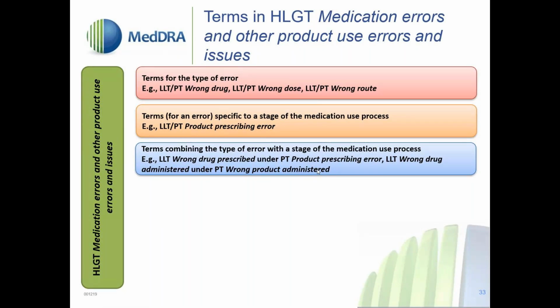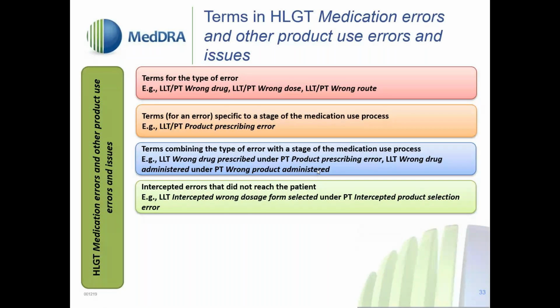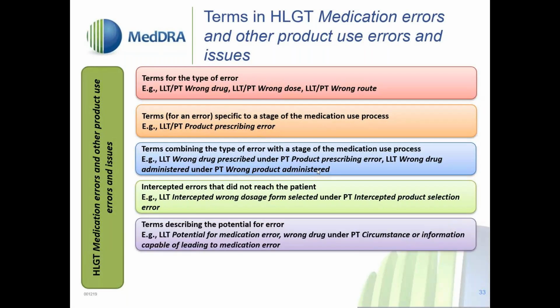In addition, there are terms for intercepted errors prevented by third-party intervention so that they didn't reach the patient. MedDRA also contains two PTs that describe the possibility of an error or signal a circumstance that could potentially lead to a medical device use error or medication error.